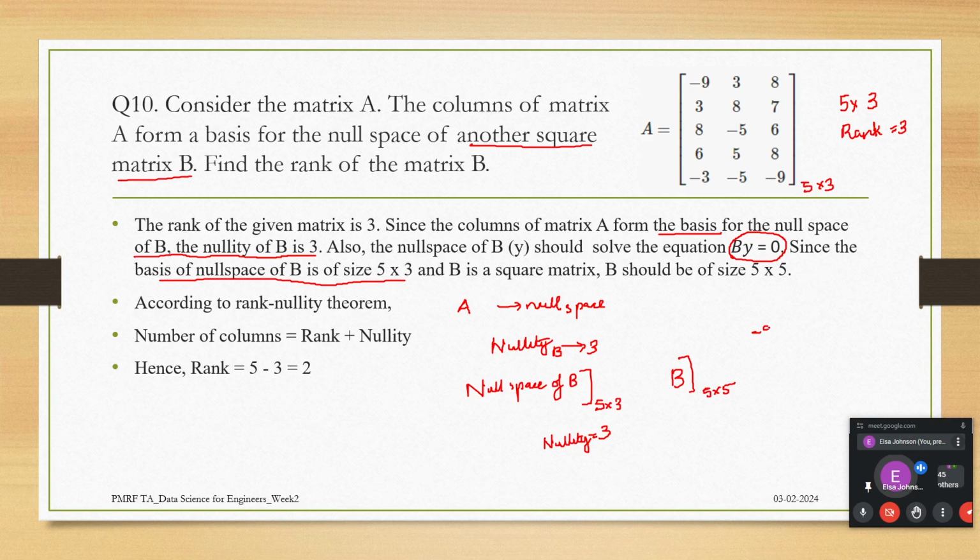The other 2 rows can be linearly dependent, but anyway we now know the nullity of B is 3, because the basis of the null space is formed by these columns. So the nullity is 3 and the number of columns is 5, so 5 minus 3 gives the rank.